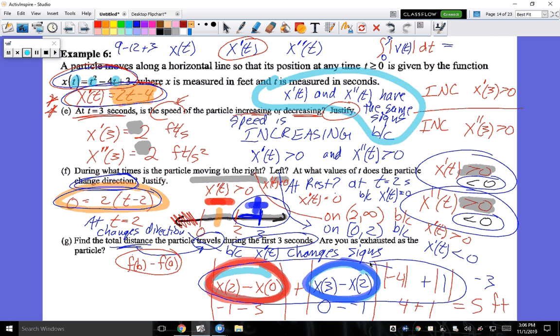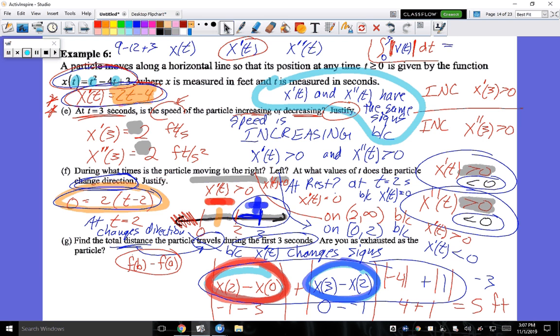We still have to know how to do it by hand because there's a calculator and a non-calculator portion to the test. But this is a good way to check it if you do have the calculator, as far as looking at the total distance traveled. Because what this does is take the velocity function and the absolute value, so it's interpreting everything as positive, okay?